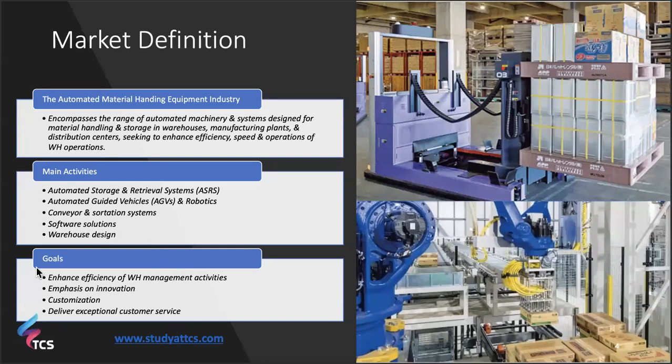And what are the goals of these service providers? They try to enhance efficiency of warehouse management activities, because as I told you earlier, rather than employees carrying out all these activities, it is extremely beneficial to have these autonomous and non-autonomous devices as well as systems in place.